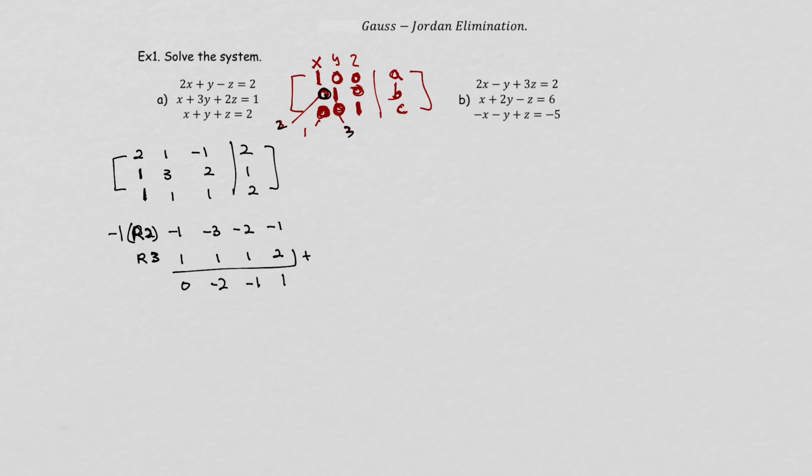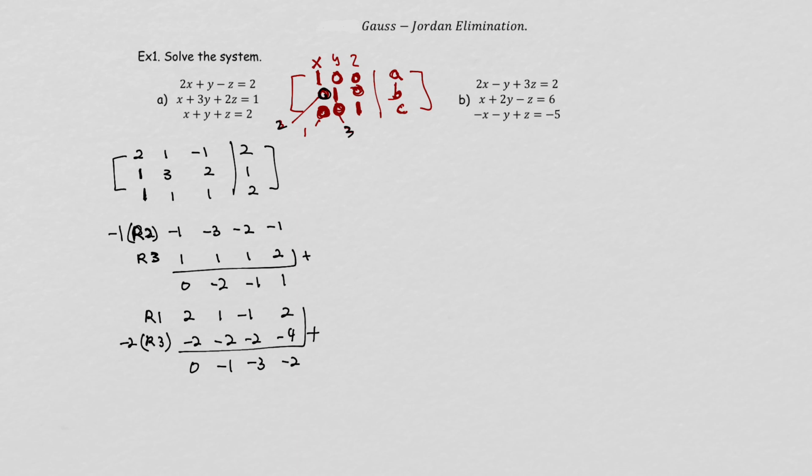So this time, using row 1 with row 3. Row 1 is 2, 1, -1, and 2. So in row 3, I need to multiply that by -2. So I will get -2, -2, -2, and -4. When you add them up, you get 0, -1, -3, -2.